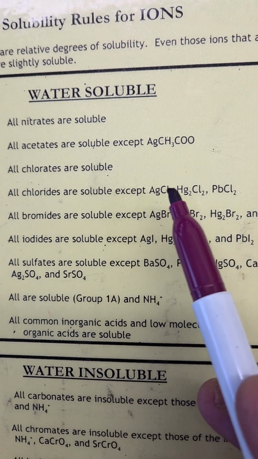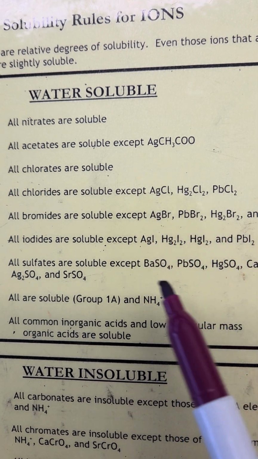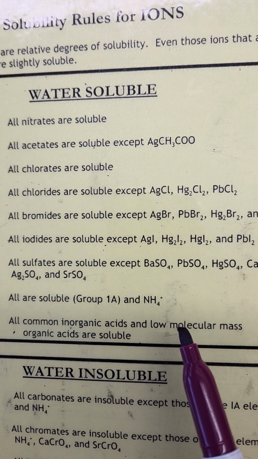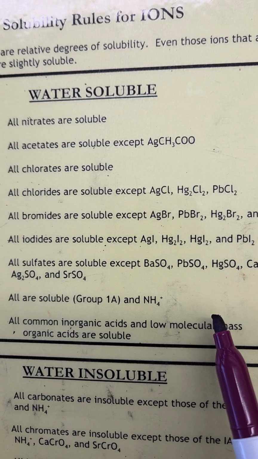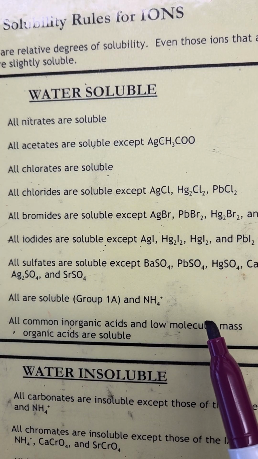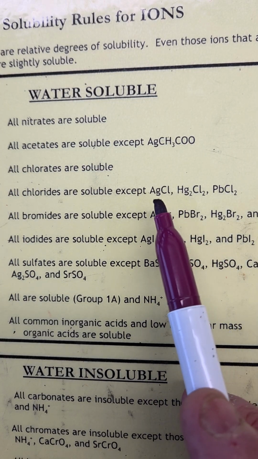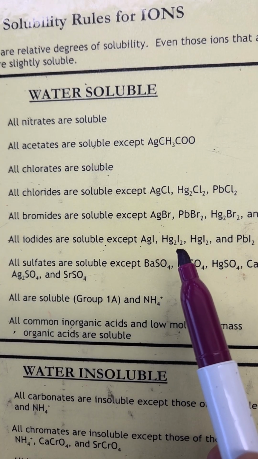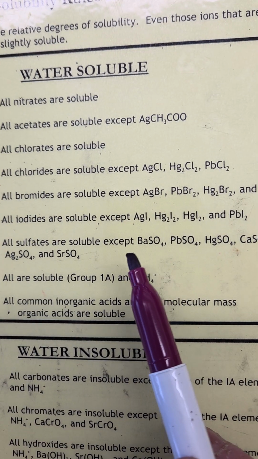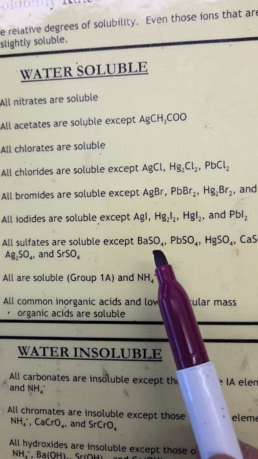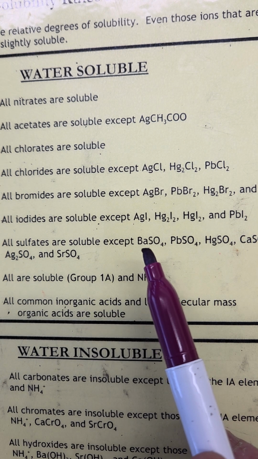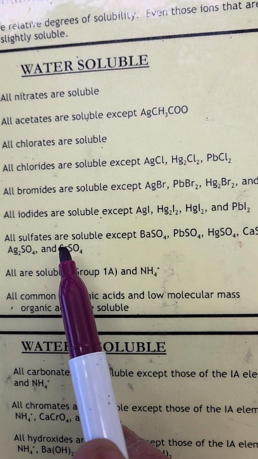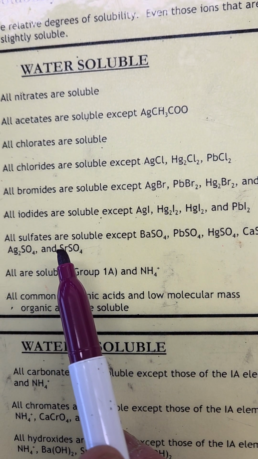And if you notice, these three are very often returning in terms of the exceptions to the rule, because they are a heavy metal that has a very strong attraction to things like, in this case, chlorides, bromides, and iodides. But then you also get the exception to the rule where it's a 2+ cation, such as barium, calcium, or strontium, that come up a lot too.